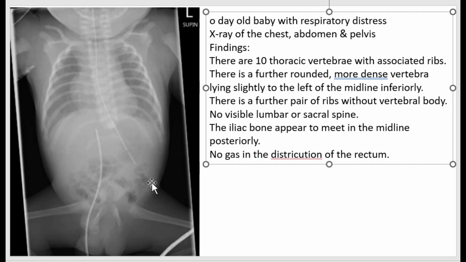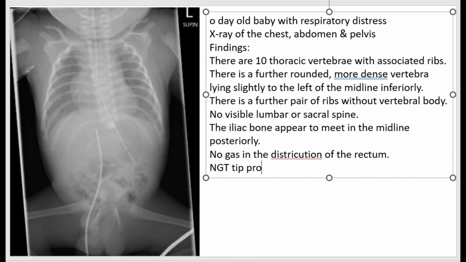Projected over the stomach and seen below the diaphragm. Next finding, nasogastric tube tip projected over the stomach. This is how to comment on the nasogastric tube.